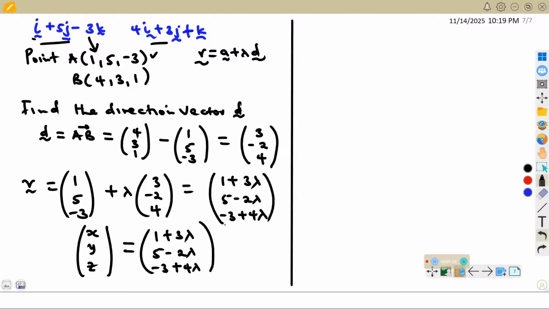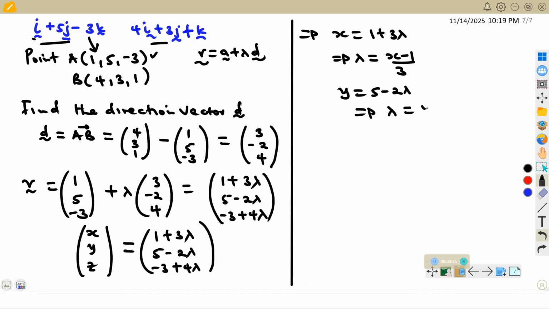So from this, we need to make λ the subject out of these expressions. We shall have 3 expressions. x = 1 + 3λ, which implies that λ = (x - 1)/3. Also, y = 5 - 2λ, and this implies that λ = (y - 5)/-2. Also, z = -3 + 4λ, which means that λ = (z + 3)/4.